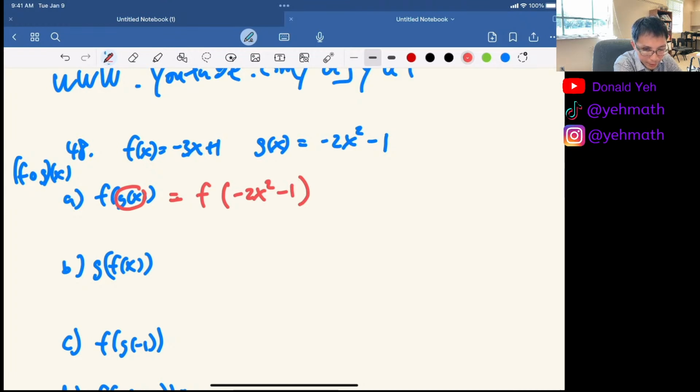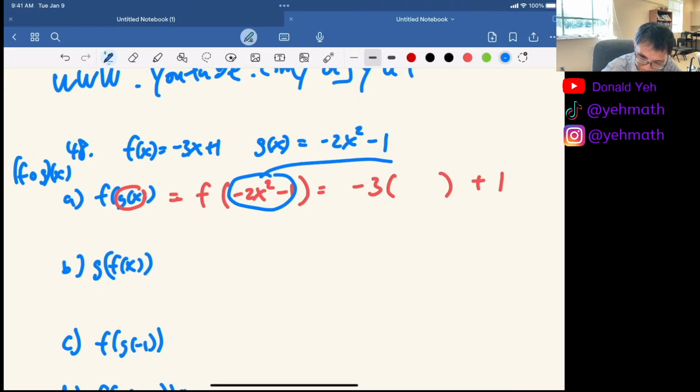Now, those of you who don't know what f of negative 2x squared minus 1 means, pay attention. That means every x gets replaced. So I'm going to write it down like this. It should be negative 3 something plus 1. So it's negative 3x plus 1 for f of x. But instead of that, I'm going to replace the x with negative 2x squared minus 1.